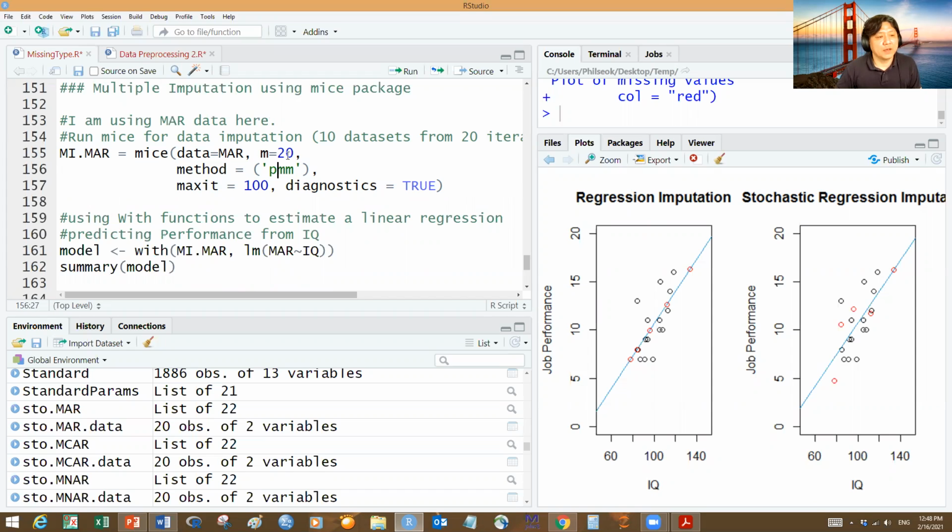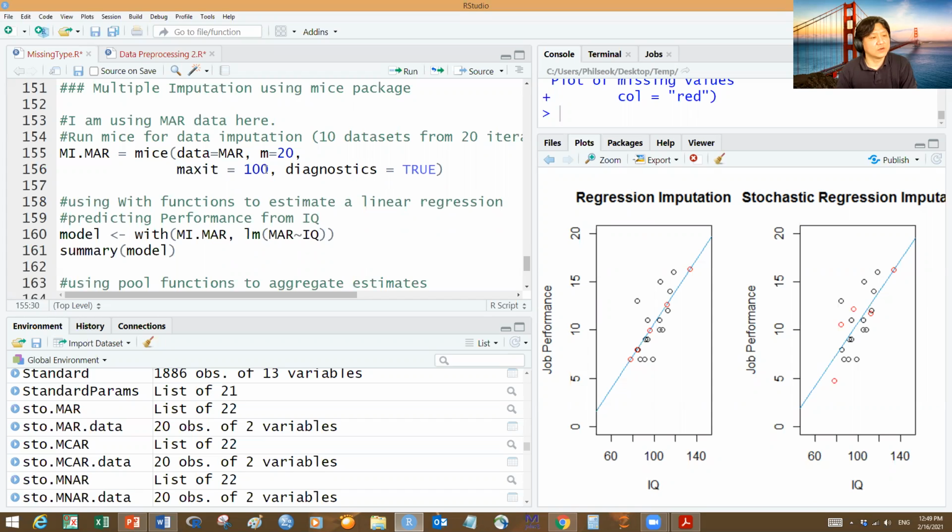M represents the number of complete data sets, so I will create 20 data sets. The method default is predictive mean matching, so you don't need to enter it, but I put it here. And this is the maximum iteration, so I will repeat the imputation stage 100 times.